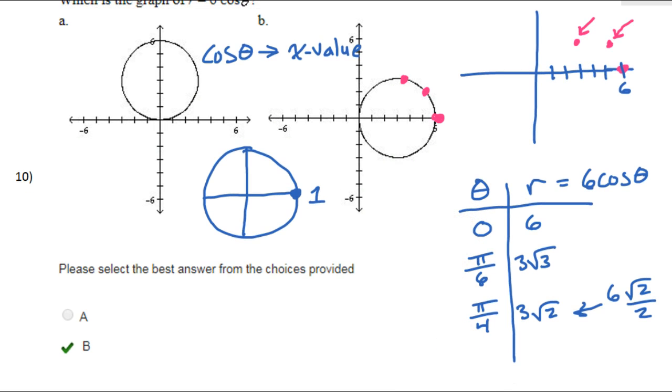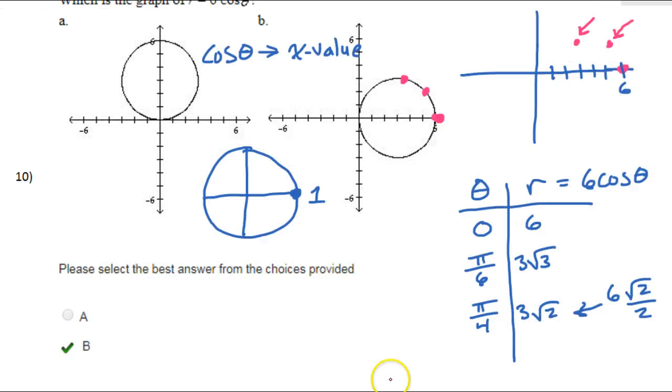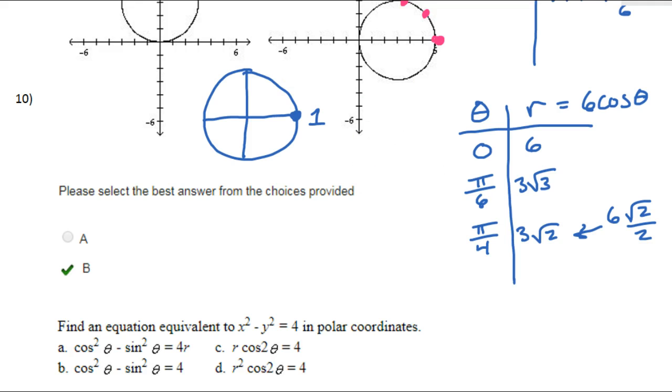Let's see, what's next? We did 30 degrees, 45 degrees, now let's do 60 degrees. At 60 degrees, it's pi over 3, cosine is 1/2. Let's add that to the chart. The r value in this case is 6 times that, so 6 times 1/2 is just going to be 3.